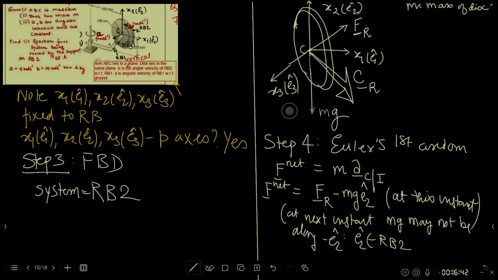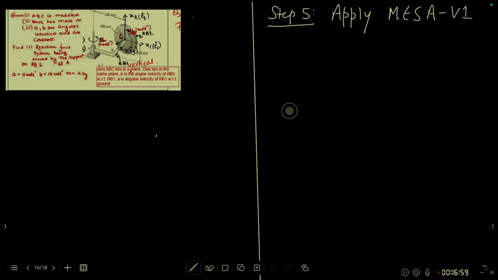Okay, so this is the left hand side. Right hand side is M ACI. What is ACI? How do we write ACI?